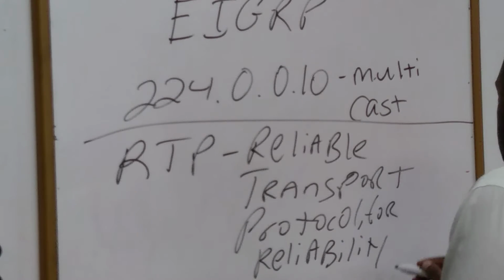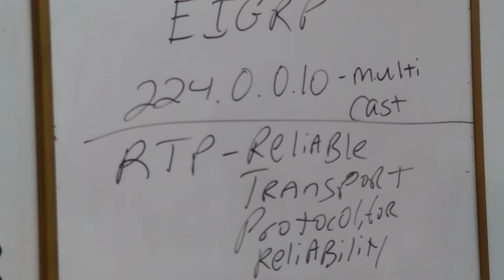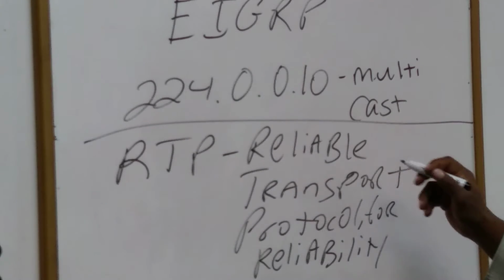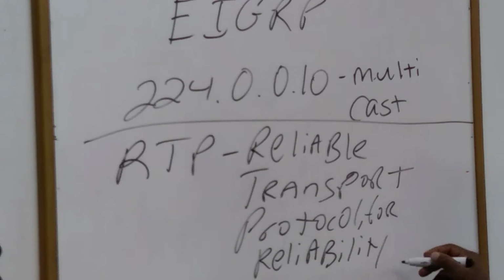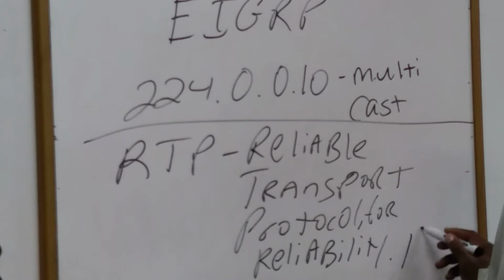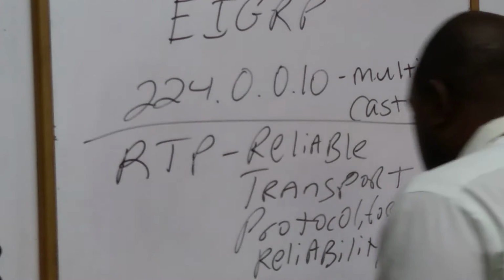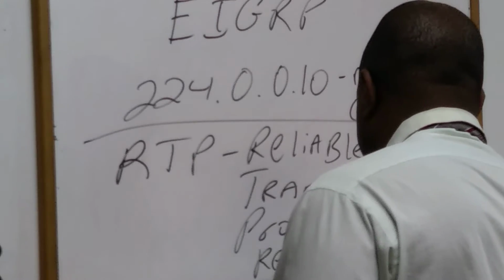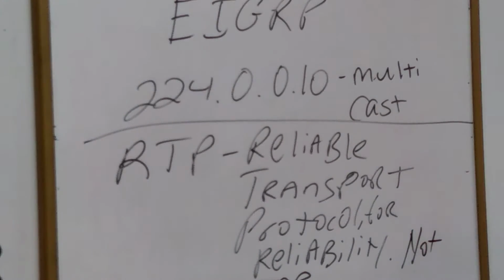So it does not use TCP for reliability. TCP is another protocol used at the transport layer that is used for reliability. It uses Reliable Transport Protocol and not TCP, which is Transmission Control Protocol. It does not use that.